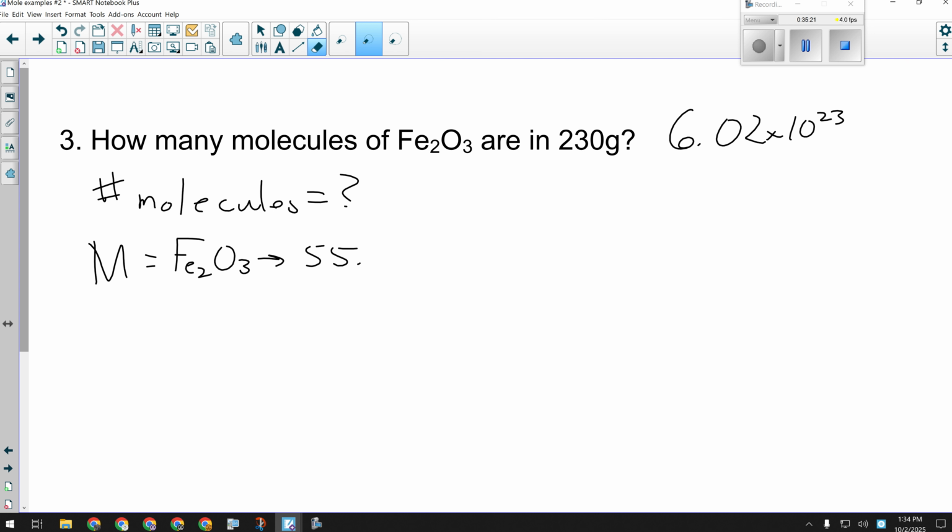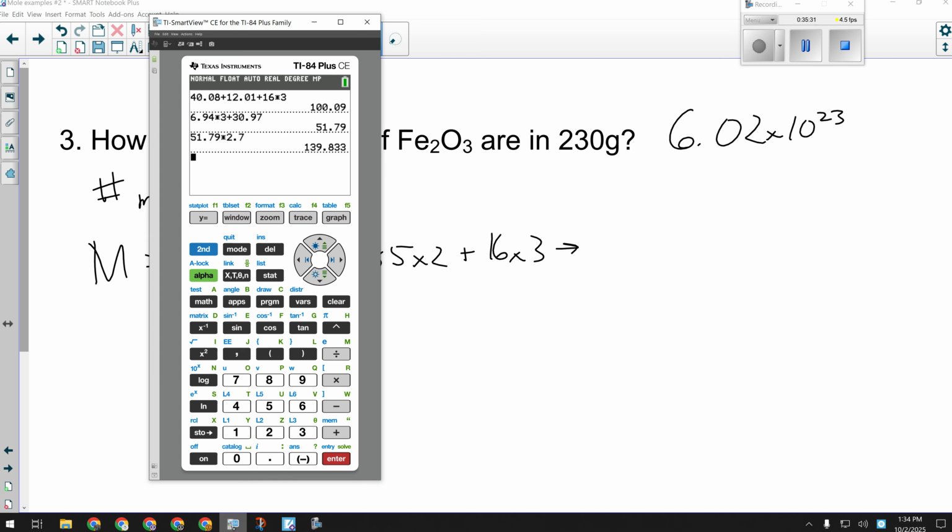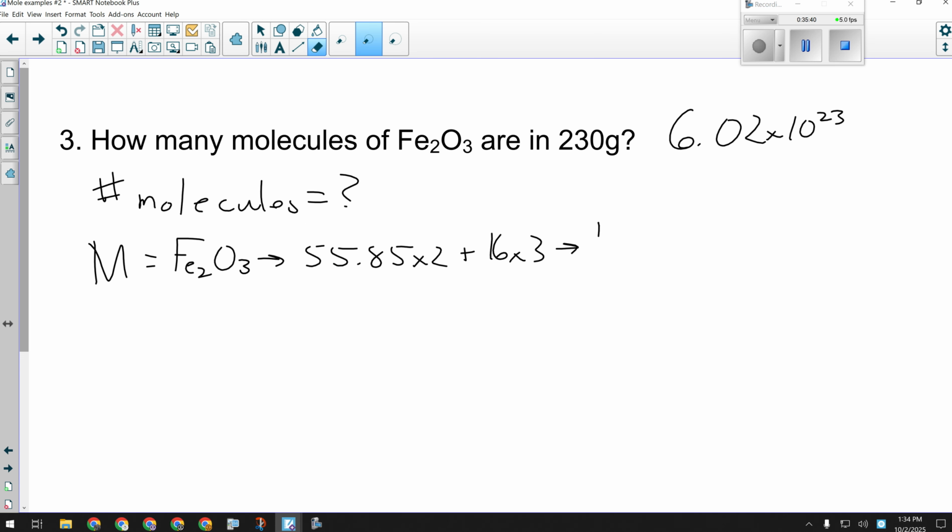So that'll be 55.85 times 2 for the 2 irons, plus 16 times 3 for the 3 oxygens. Okay, so 55.85 times 2 plus 16 times 3. All right, we're looking at 159.7 grams per mole as our molar mass. And they tell us there's 230 grams of it.